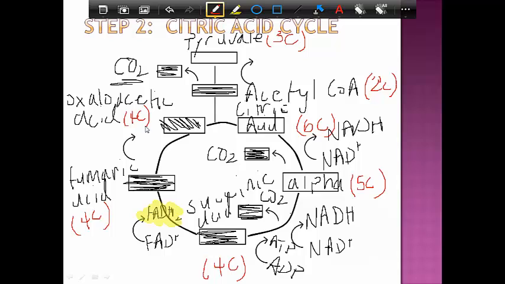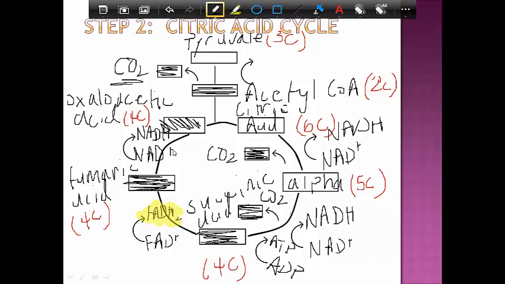But we do create one more hydrogen ion carrier, and it's an NADH again. So this is NADH, and this is NAD+. Alright, so in order to get from fumaric to oxaloacetic, I'm going to pull off a hydrogen, attach it to NAD+ to make NADH. There are other chemical transformations that take place, but that's the one that I really want you to know about. Alright, so we filled in the entire cycle.